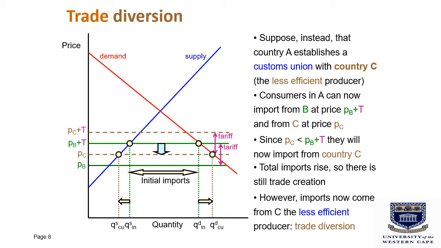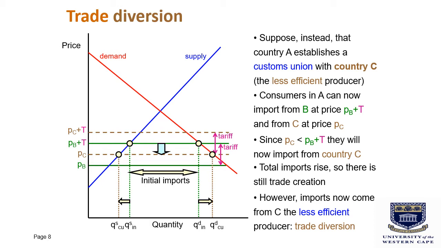Prior to everything, when these tariffs are in place against both country B and country C, we find that we are still buying from the more efficient producer, which is country B, even when the tariffs are included. But now, when we enter into this trade agreement with country C, the tariff is not removed from country B. We don't have any agreement with that, so we're not expecting the tariffs to fall away.